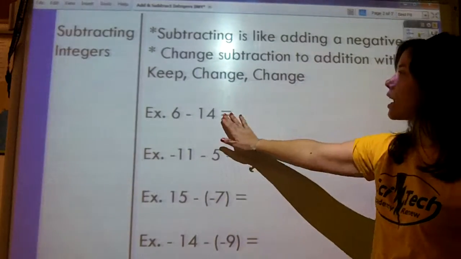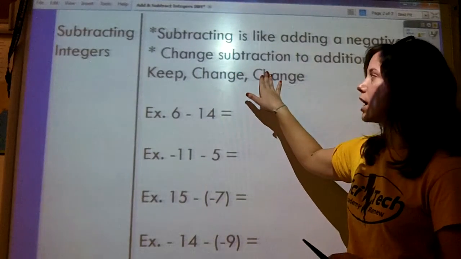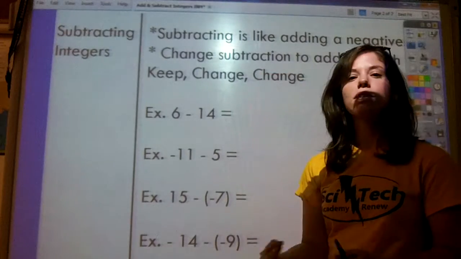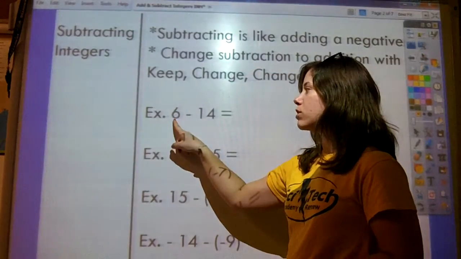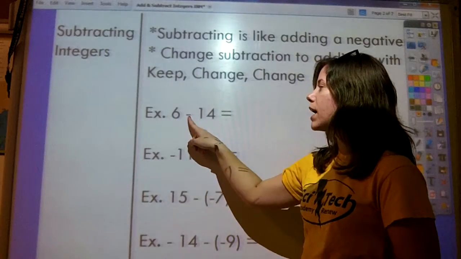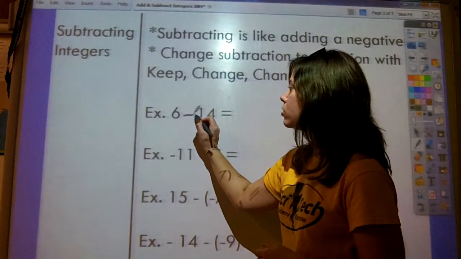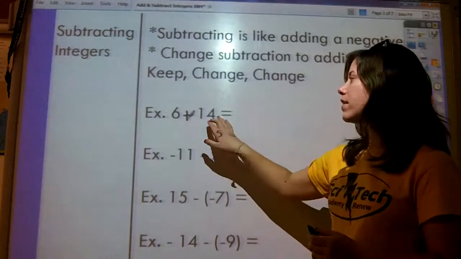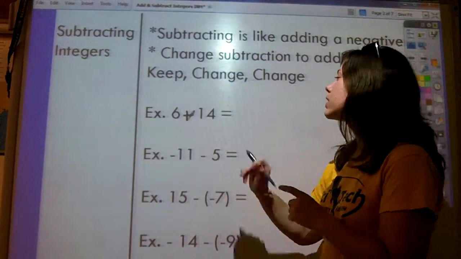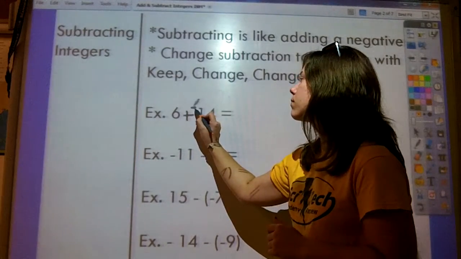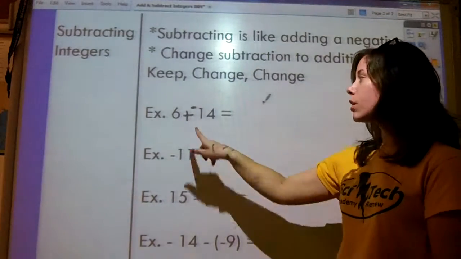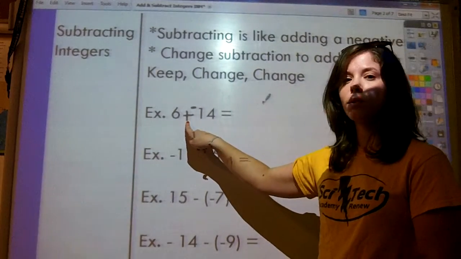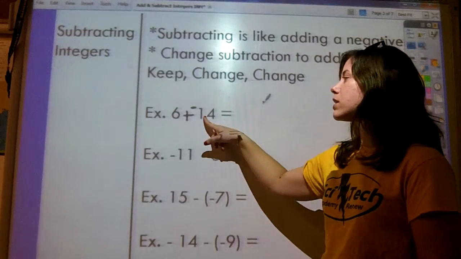So, to figure this out, we do keep, change, change. There are 3 steps and 3 pieces in this problem. You keep the first piece, you change subtract to addition, and then you change a positive 14 to negative 14. Now we just follow our adding rules because I changed it to an addition problem. This is positive, this is negative.